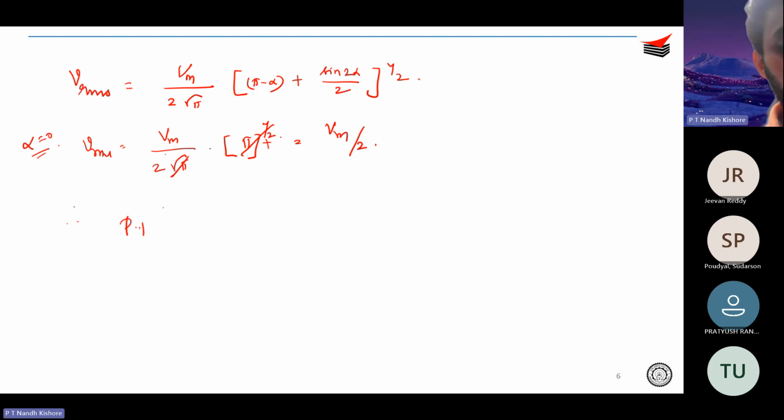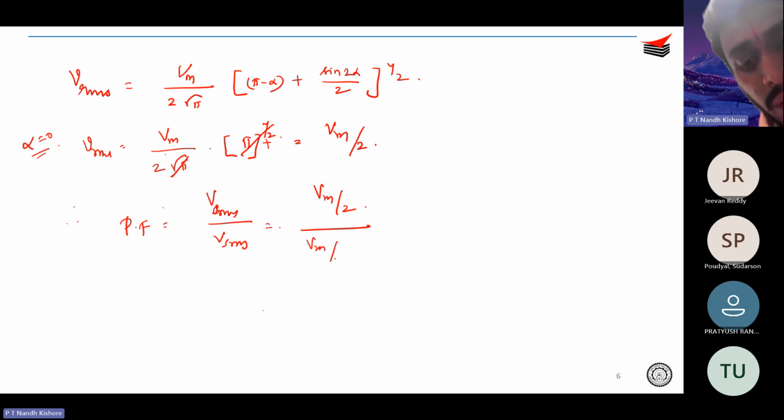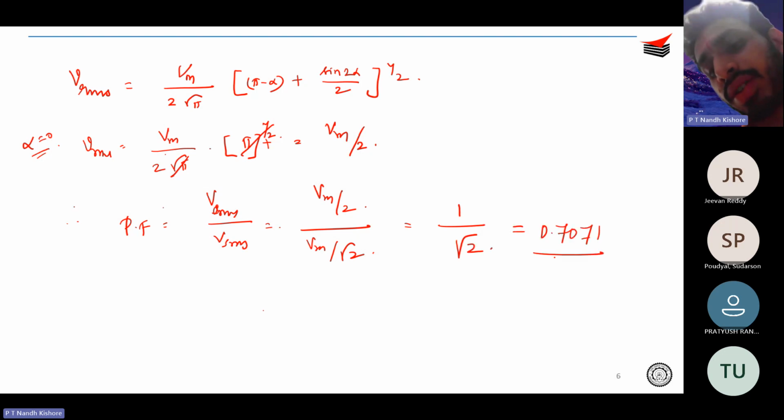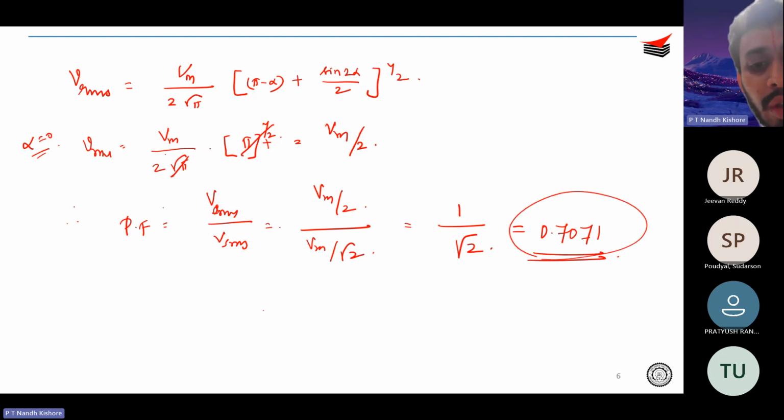Therefore, what is the power factor? As I told, V naught RMS over Vs RMS. So V naught RMS is Vm by 2 and Vs RMS is the source, which is Vm over root 2, right? So you will end up with 1 by root 2, which is 0.7071. So the power factor of the circuit is 0.7071.